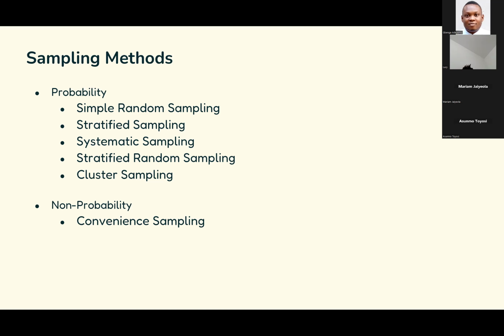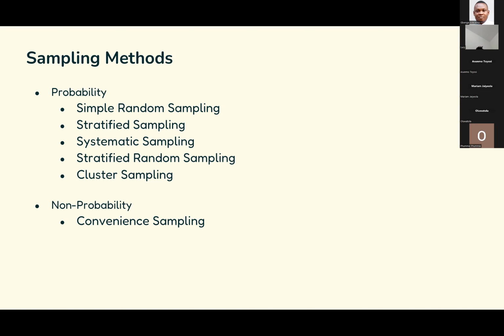For stratified sampling, you have a population and you group it into subgroups, or strata. Let me give an example. Let's say you want to do a survey on politics in Nigeria. We have 36 states in Nigeria plus the FCT, and you want each state to be represented in your sample.